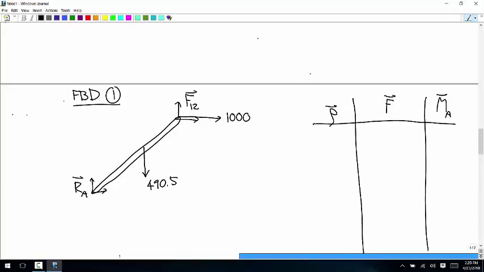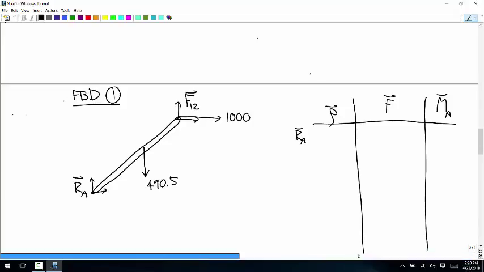All right, so for the force RA, let's choose that as the about point. So that force RA has no rho vector. The force is RAX, RAY, and there's no moment.